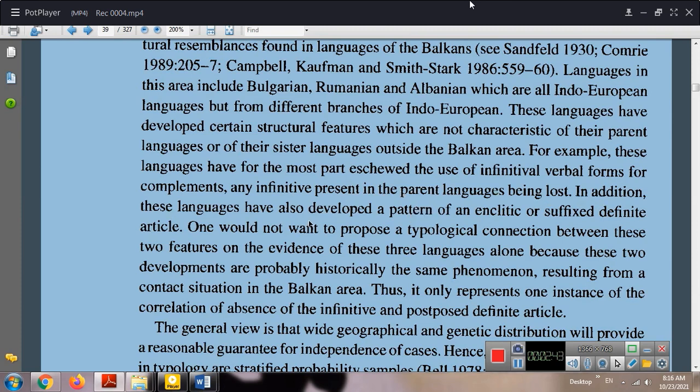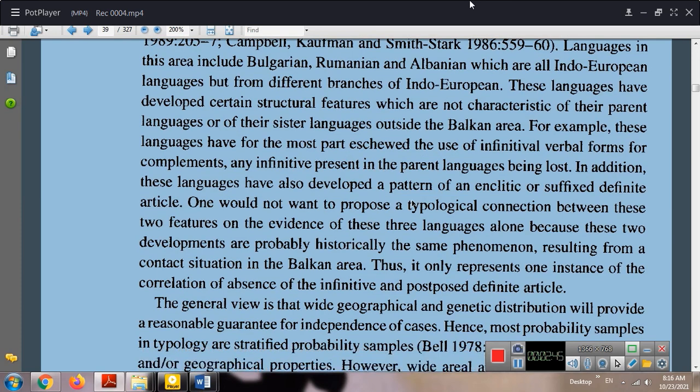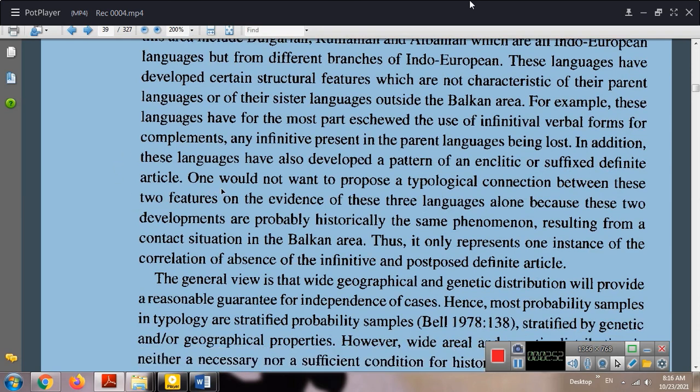In addition, these languages have also developed a pattern of an enclitic or suffix definite article.